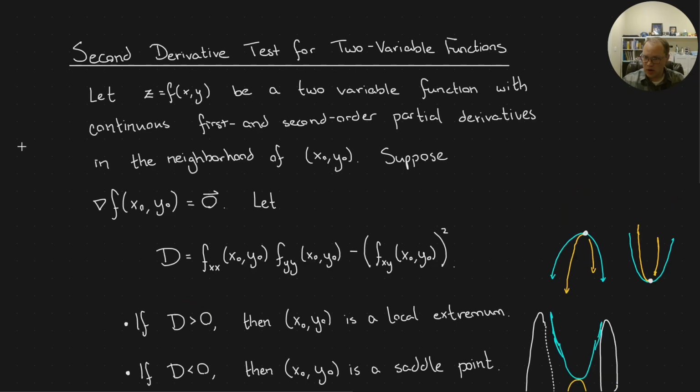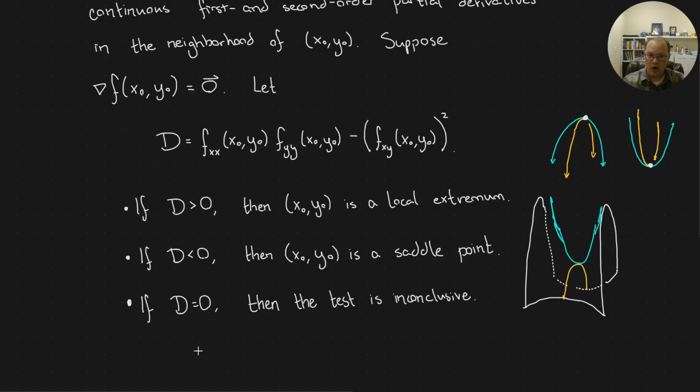This is the test we are going to use to identify whether critical points are a local extremum or a saddle point. By the way, once we identify it's a local extremum, whether it's concave up or concave down, then we just have to look at one of the two second partial derivatives, right? The second partial derivative with respect to x or the second partial derivative with respect to y.